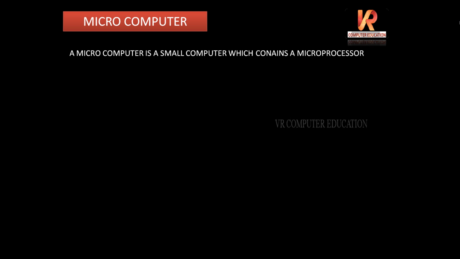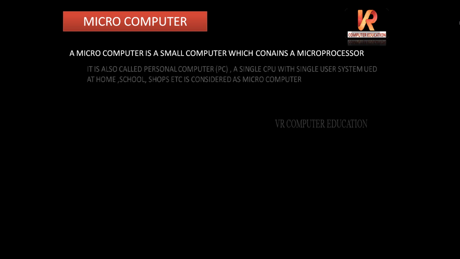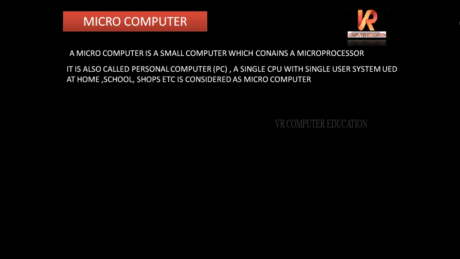microcomputer. So what is a microcomputer? A microcomputer is a small computer which contains a microprocessor. Next, it is also called a personal computer, in short PC.